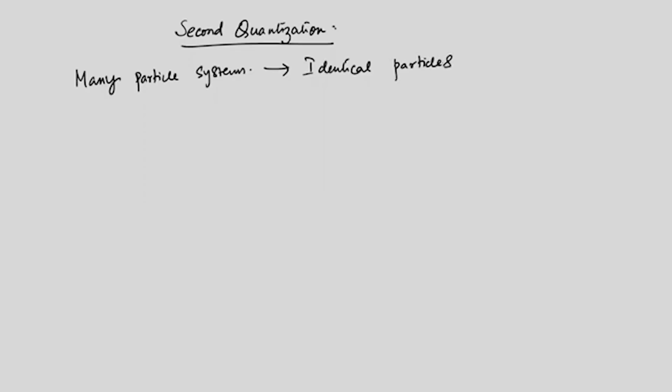So they all are absolutely identical, and this identical nature creates a problem, in the following sense: when you swap two particles, that is exchange two particles, the resulting wave function picks up a sign or may not pick up a sign depending on whether they are fermions or bosons respectively.